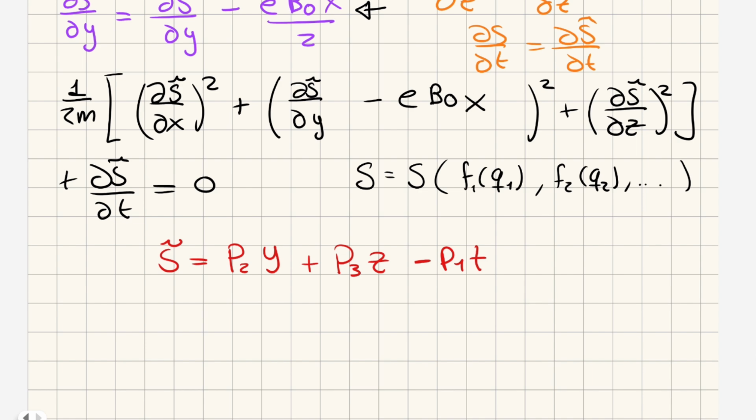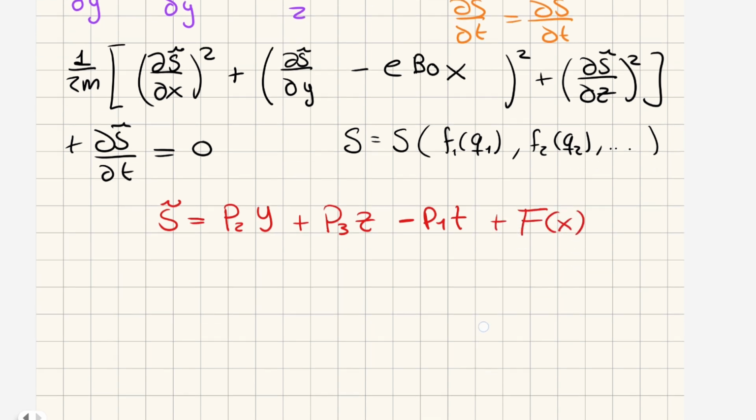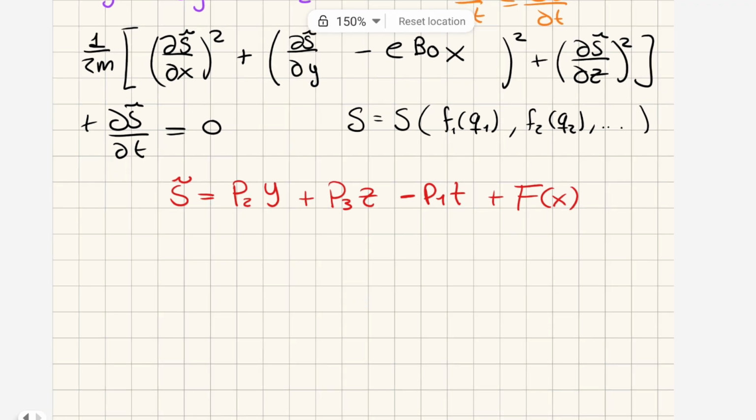The thing here is that the only function that is going to be variable is going to be the function that corresponds to x, right? So it will be f of x. Okay, perfect. So this is going to be our proposal for the solution of this. So we need to calculate the derivatives corresponding to each variable, right?